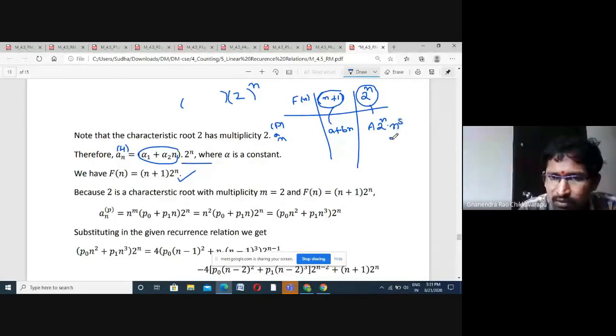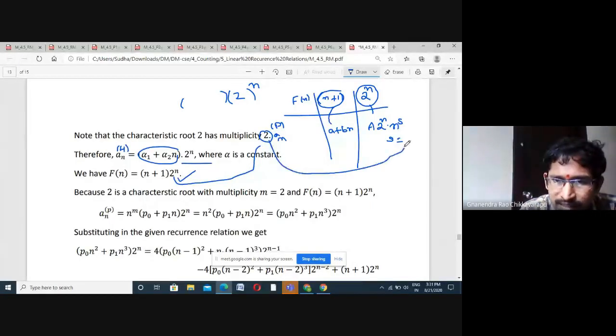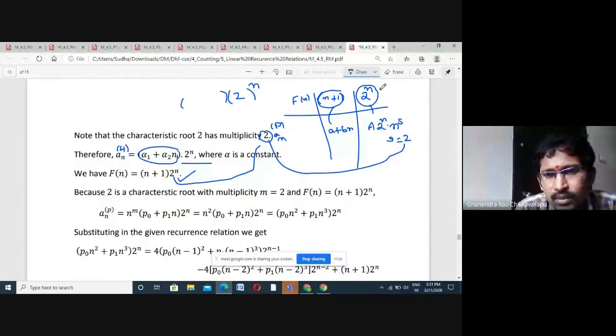Have a look: f of n is equal to something into 2 power n, so observe whether this 2 is a characteristic root or not. Yes, characteristic root of multiplicity 2. How many times did this 2 occur as a characteristic root? 2 times occurred. You need to write here 2.